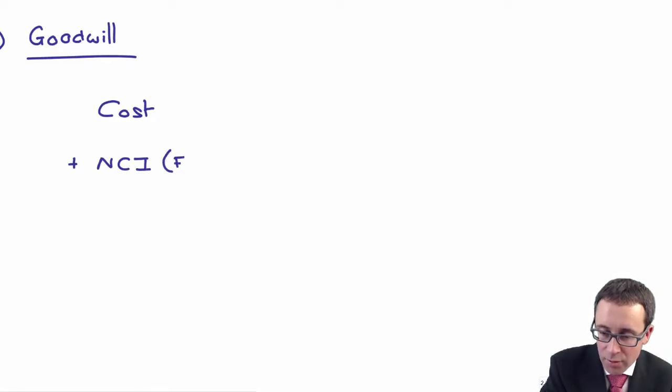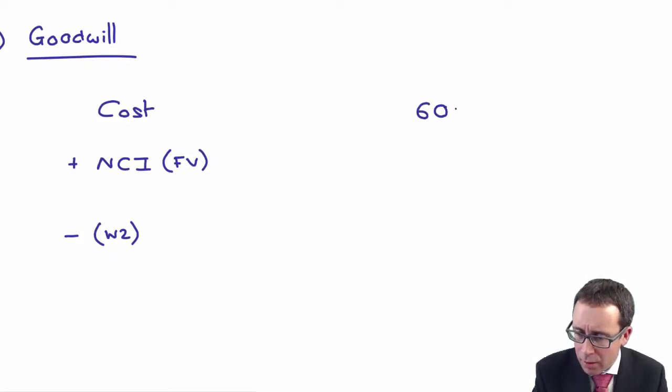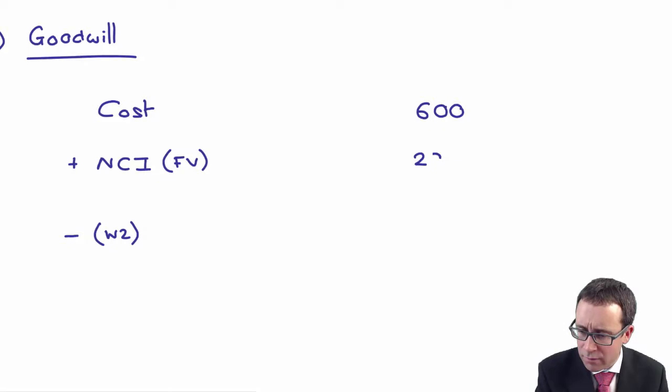We add on the NCI, which we know is at fair value, and then we deduct our net asset at acquisition from working 2. Okay. So the cost, how much did we pay? I think that was 600, wasn't it? We paid, was it 600? The non-controlling interest based on fair value is 200, and the net assets at acquisition, I think, were 300.